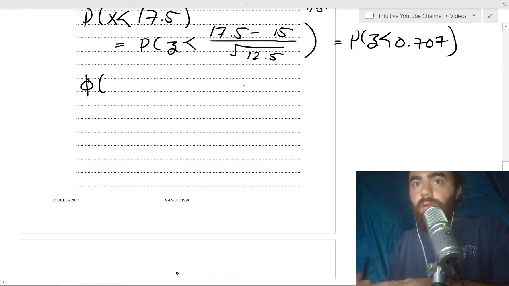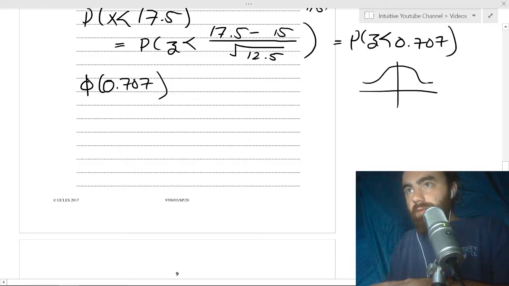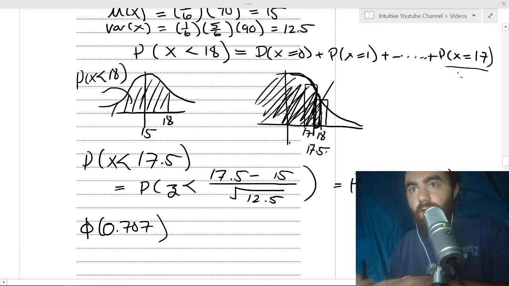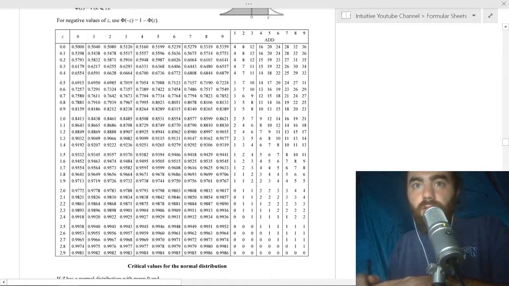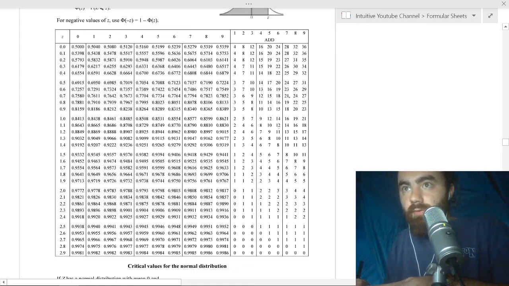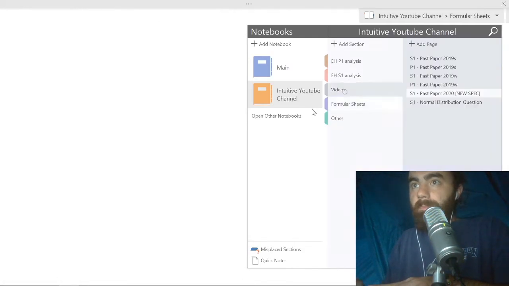So we look on our table for what this area would be. Remember, we're finding this 0.707. We're finding this area, which is the same as finding this, the 17.5. So we go to our formula sheet. For 0.707, this is 0.7601.